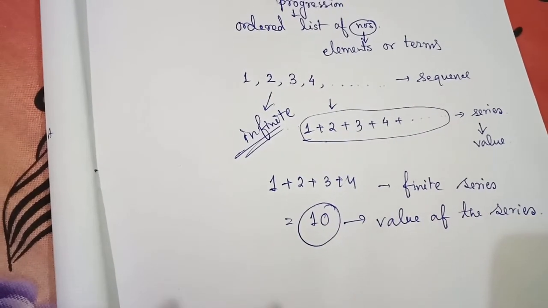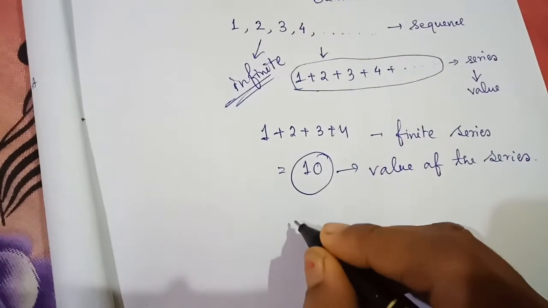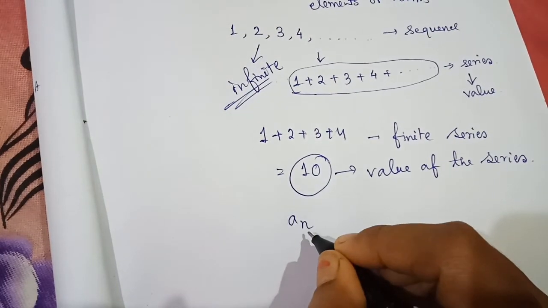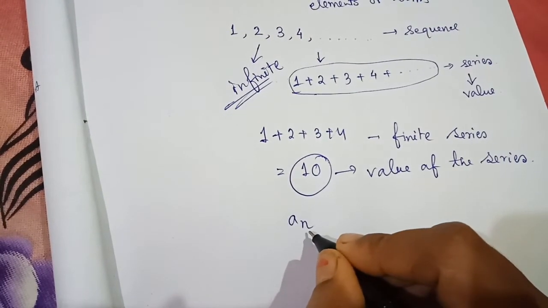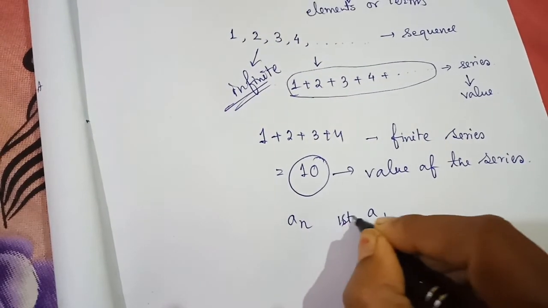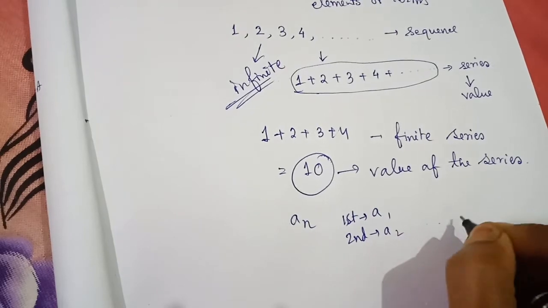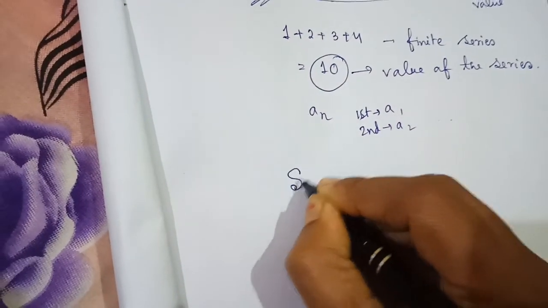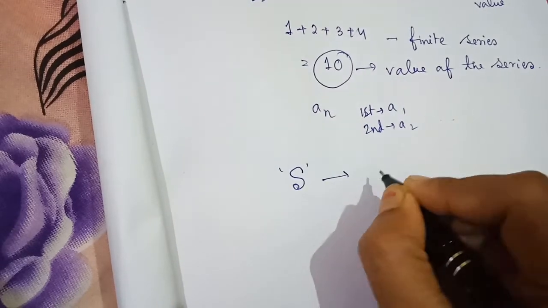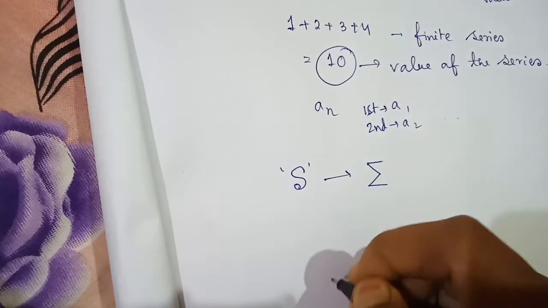Now the terms of a sequence are usually denoted as a_n, meaning the nth term. This n is the index. So the first term will be a1, and the second term a2, like this. To indicate a particular series, we can sometimes use capital S, or we can use a Greek letter called sigma.